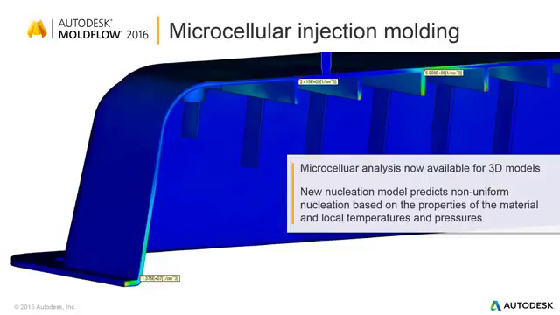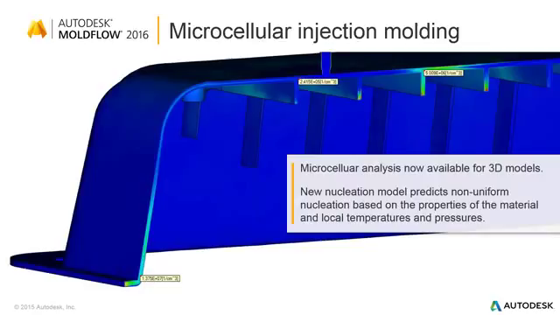In the past, you had to understand how many nuclei you were going to get and how big these gas nuclei would be at the beginning of the analysis, and that's something that really nobody could possibly know. So what we did this year is add a new nucleation model that calculates the number of nuclei and the size of those nuclei during the analysis. So it's completely process induced, like it actually is in reality as well.